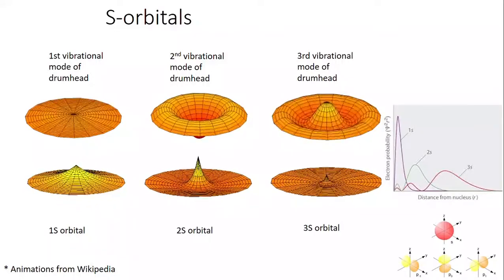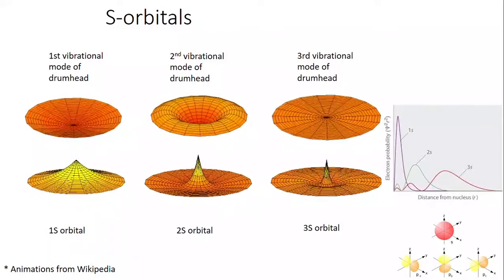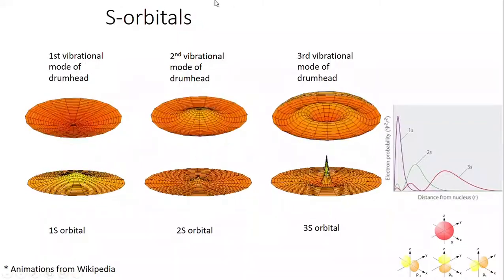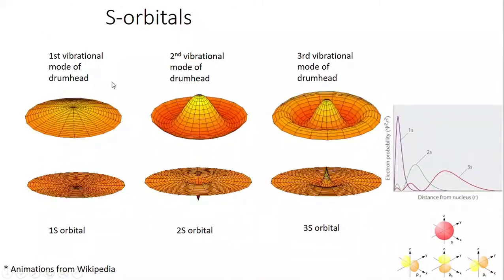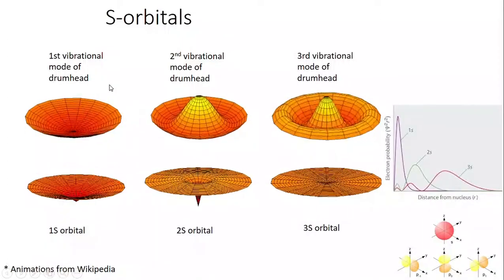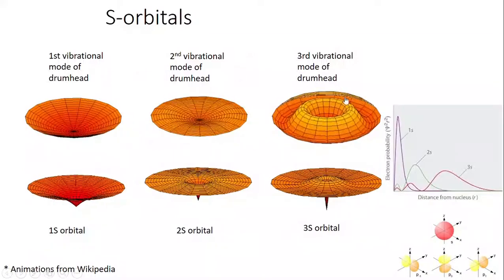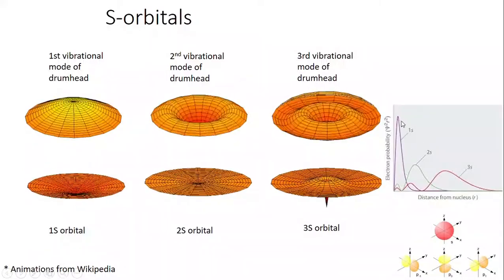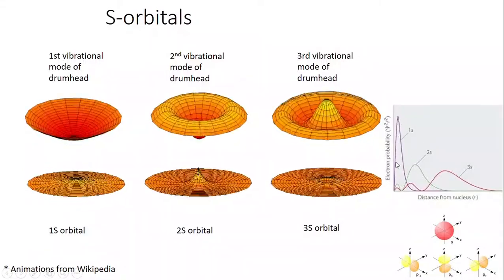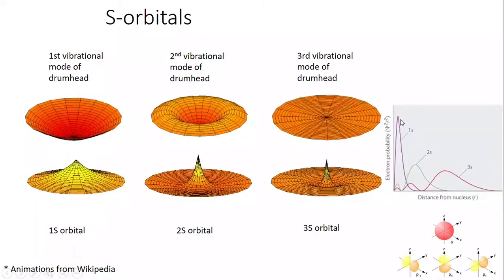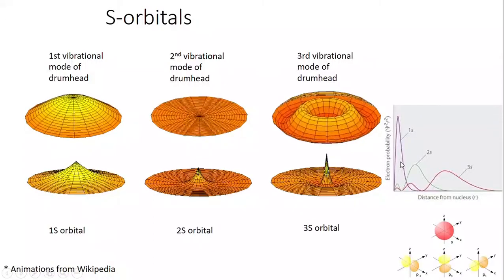So basically, because there's 0 volume at the center, you can't actually detect the electron there because there's kind of no electron there because there's 0 volume. And you go a little bit away from that, that's where the squared amplitude suddenly allows you to detect the electron. So you would expect to be able to detect the electron very close to the nucleus, but not at the nucleus. So this is the 1s probability distribution of where you might detect the electron.